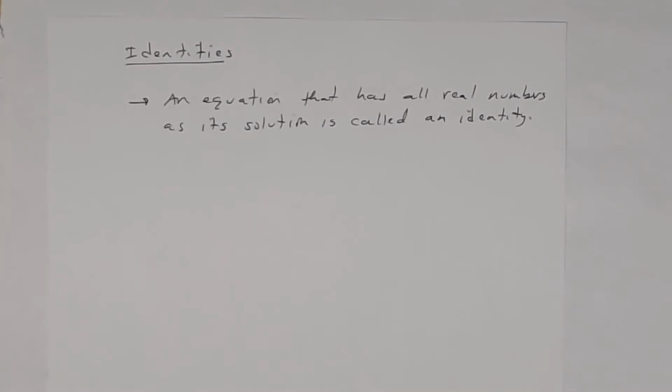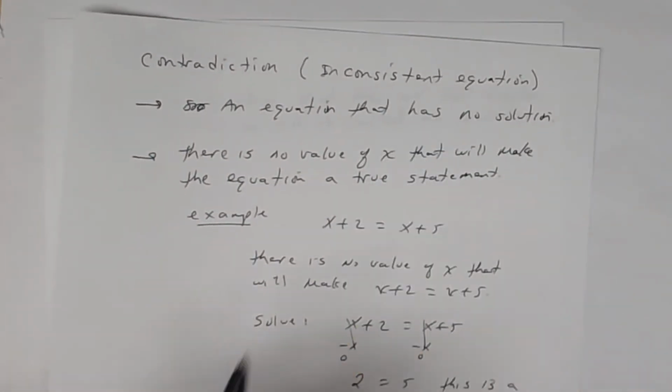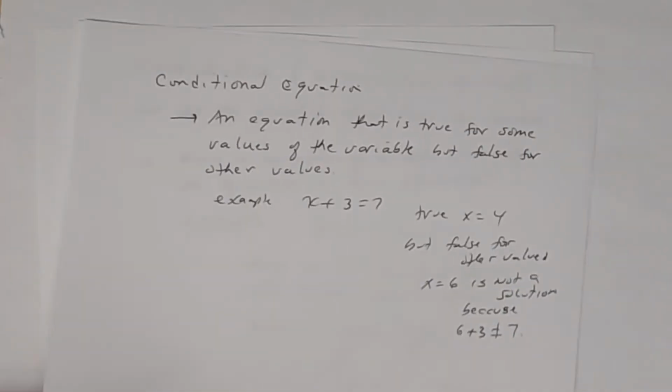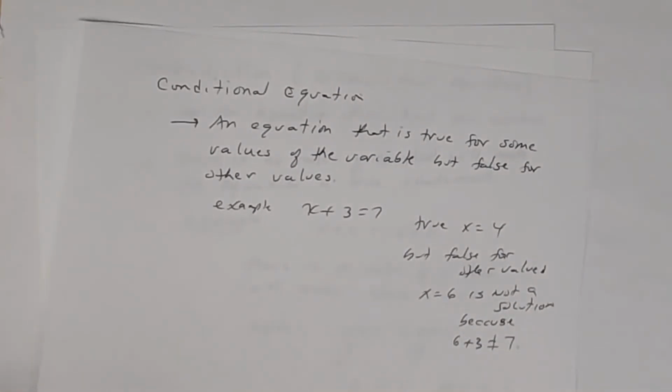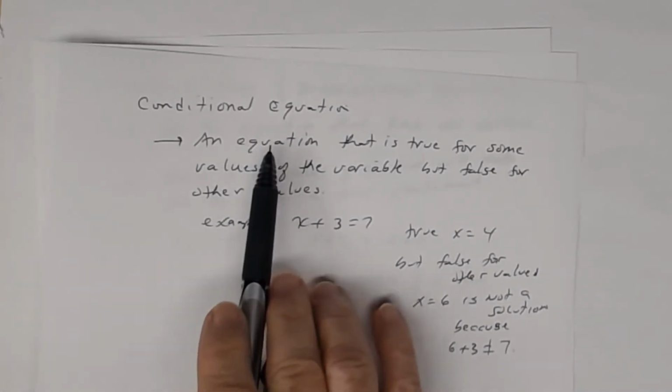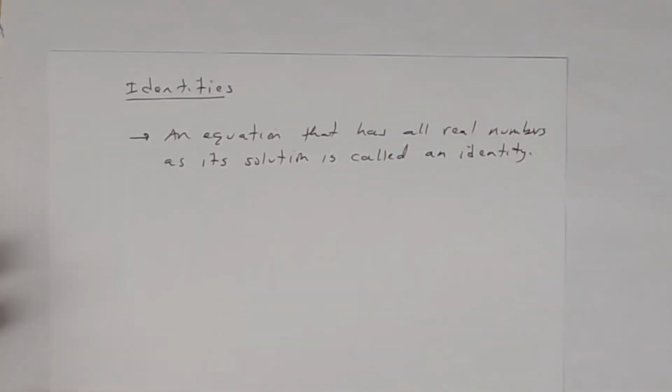So far we know that a contradiction is an equation that has no solution. A conditional equation is an equation that is true for some values of the variable but false for others. But an identity is an equation that's true for all real numbers. That's what an identity is.